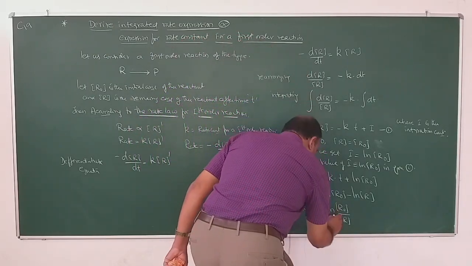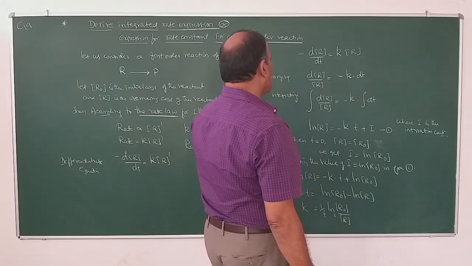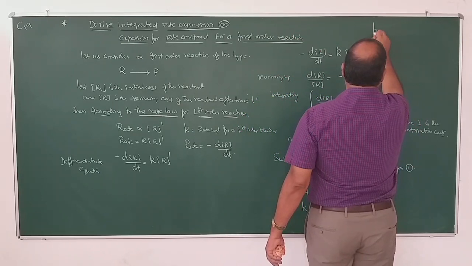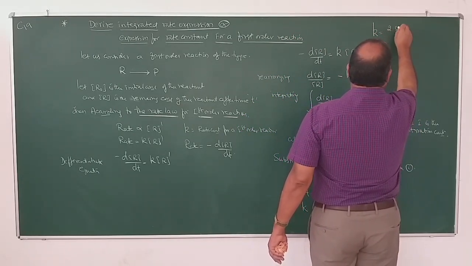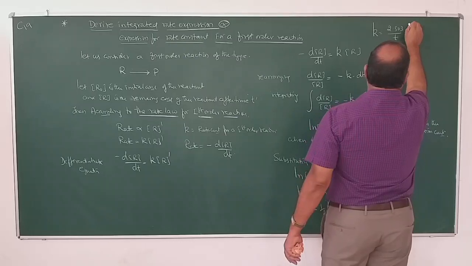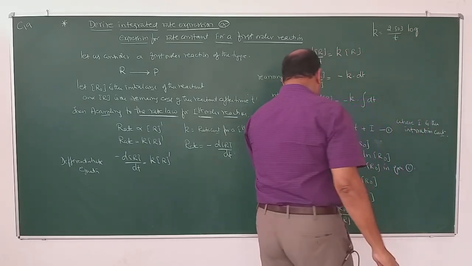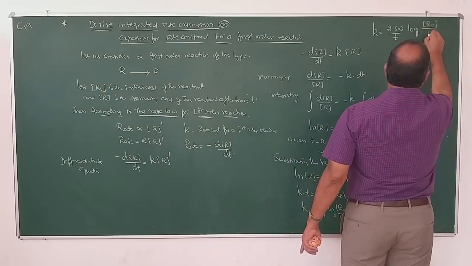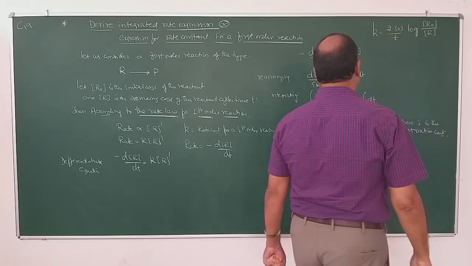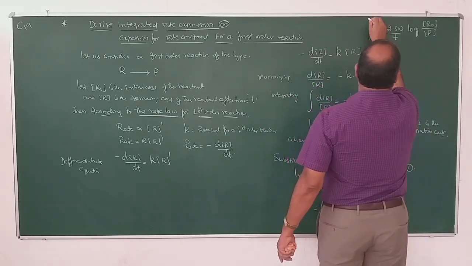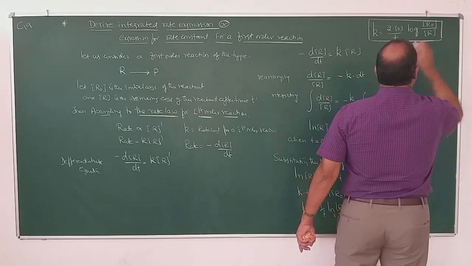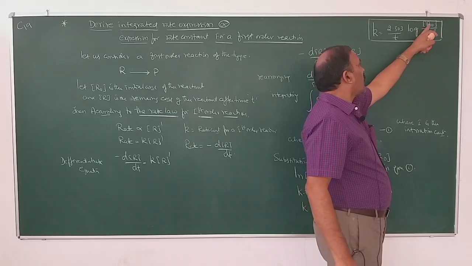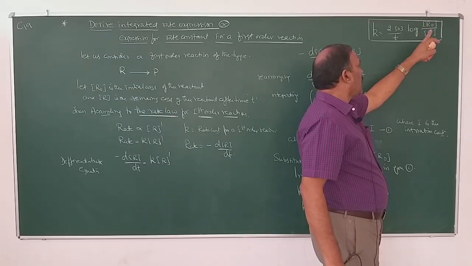This log is to the base e. To convert it into base 10, we have to multiply it with 2.303. So k is equal to 2.303 divided by t log [R]0 divided by [R]. So this is the integrated rate equation: k equals 2.303 by t log [R]0 divided by [R].